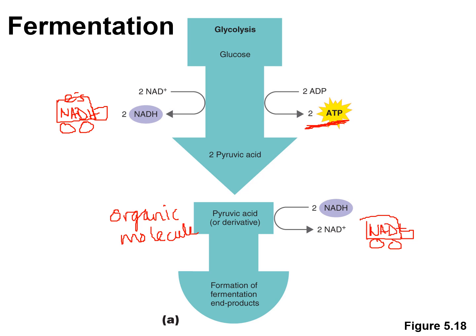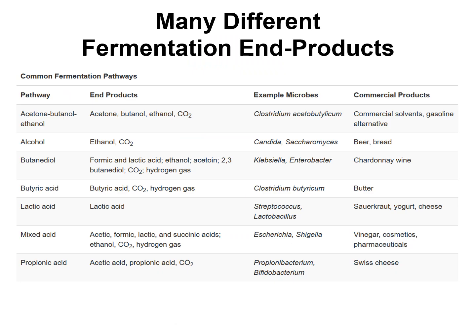And then we can go back up and break another glucose down and make another 2 ATP, pick up some more electrons, and do another cycle of fermentation again. And then depending on what organic molecule the electrons get dumped onto, there's a lot of different end products that can be made in fermentation.